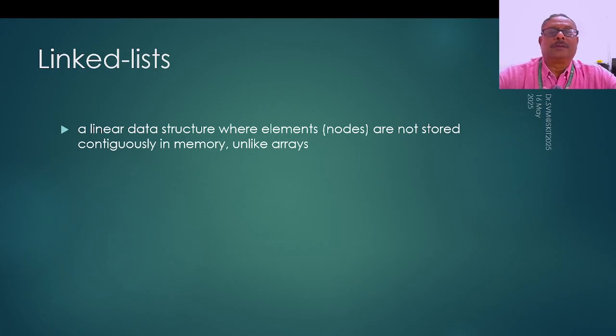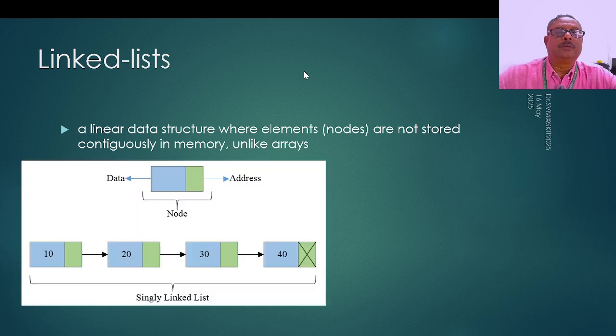So here, instead of storing the data in one location, we create a node. The node consists of two components. One component stores the actual data, and the other component stores the address of the next node, or where the next data is stored.